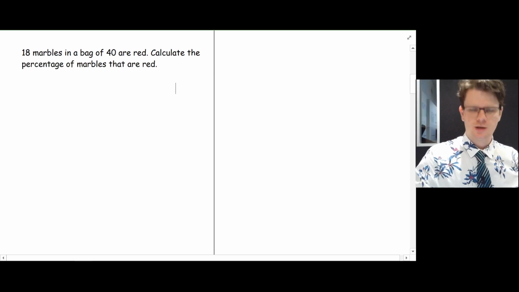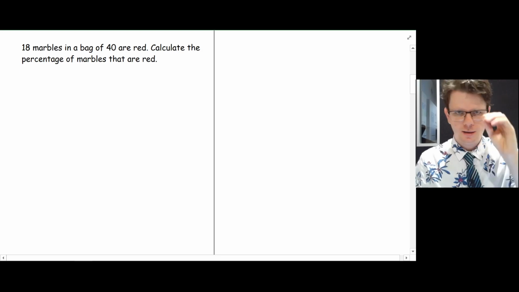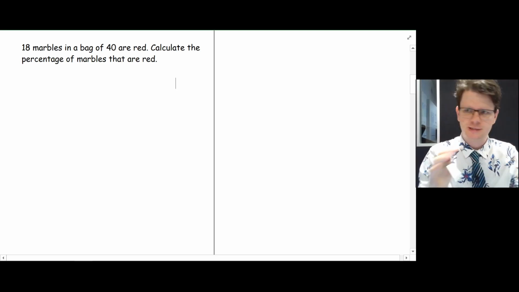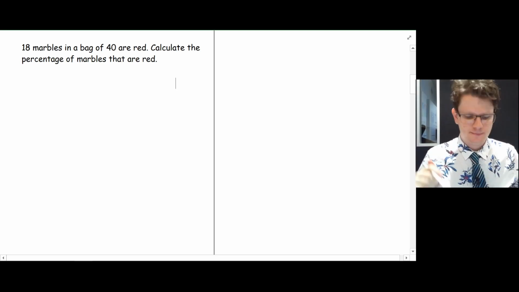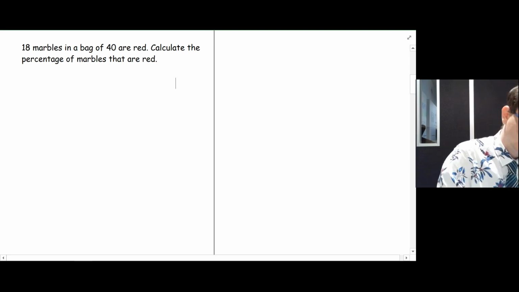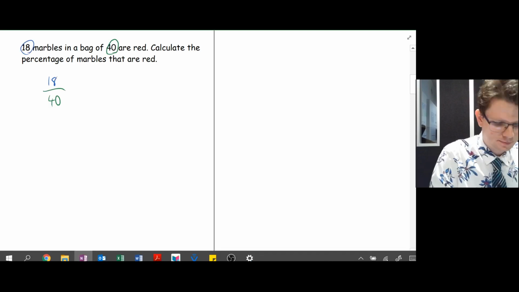So, whenever I'm looking at something like this, I want to be thinking like this: part out of the whole thing times 100. That's the goal. Part over whole times 100. Okay. So, 18, that's my part, divided by 40, that's my whole, times 100.